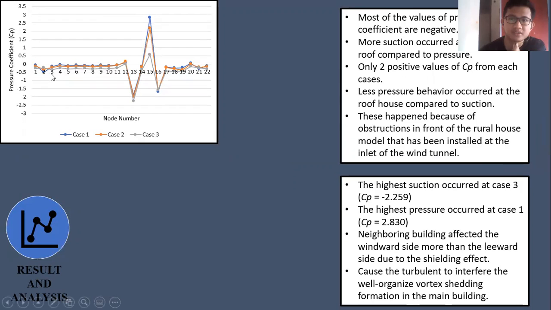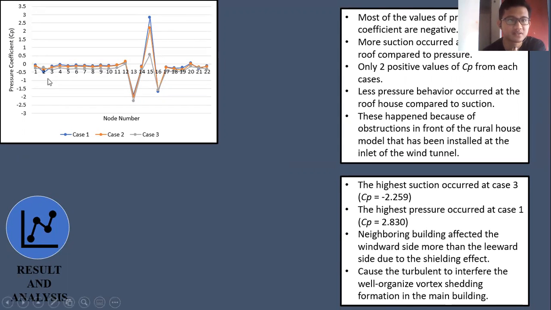It means that more suction occurred at the house roof compared to pressure, and there are only two positive values of CP, pressure coefficient, from each case. It means that less pressure behavior occurred at the roof compared to the suction. Negative value means suction, and positive value means pressure.